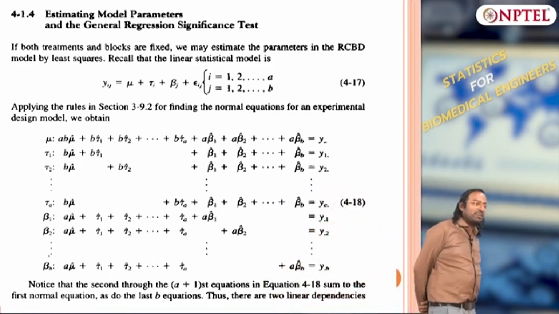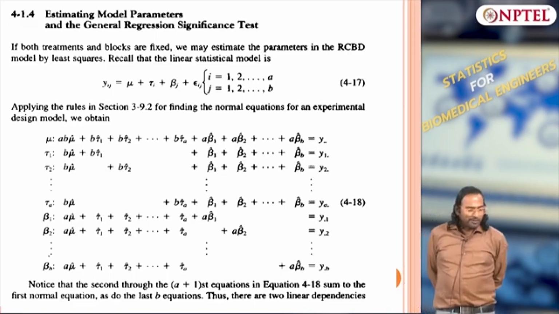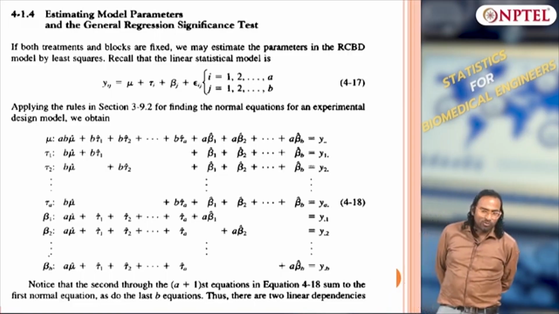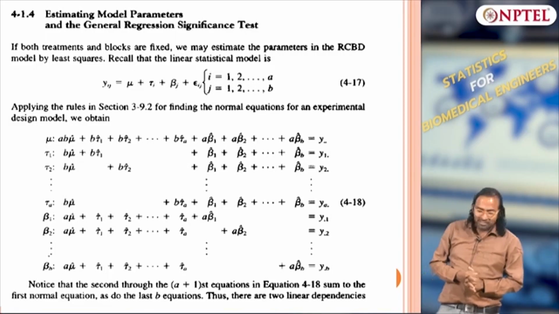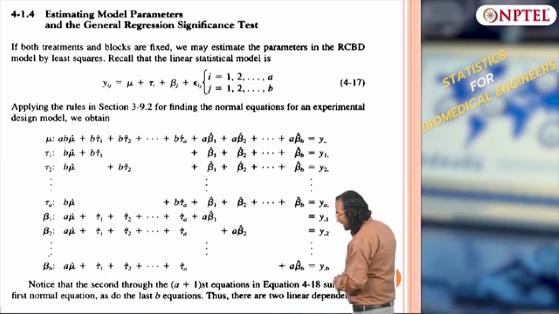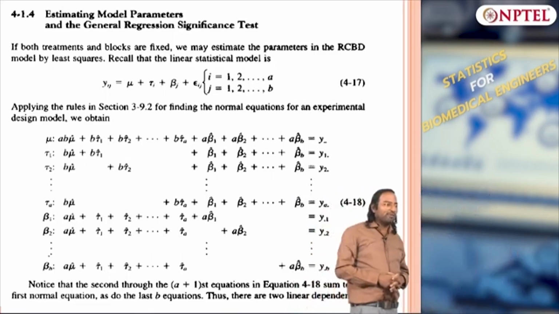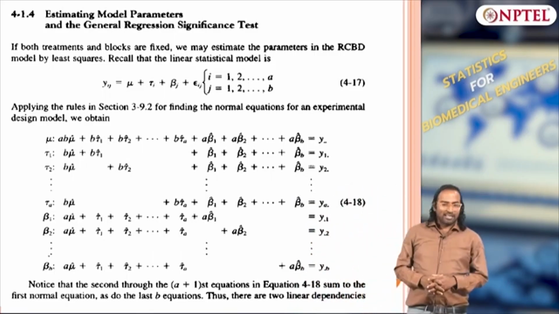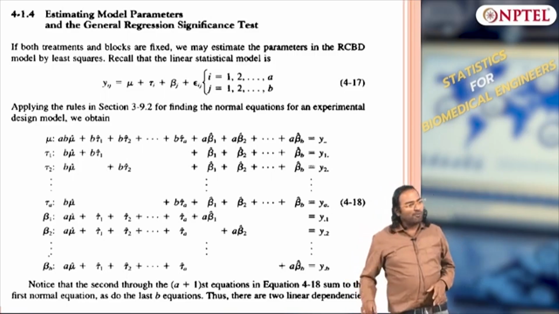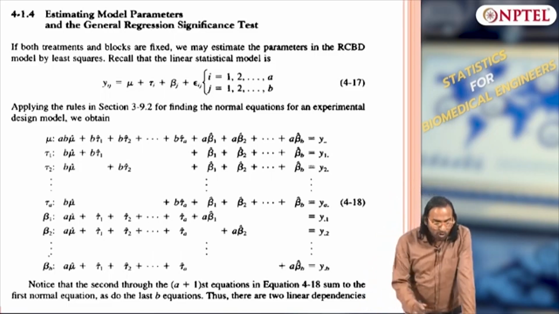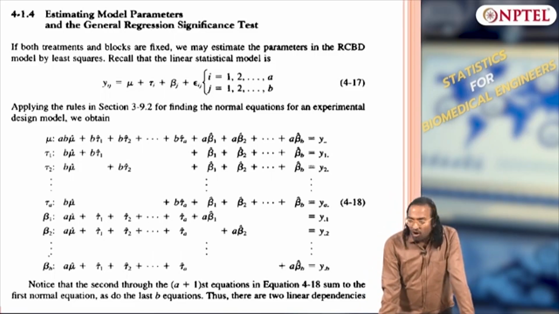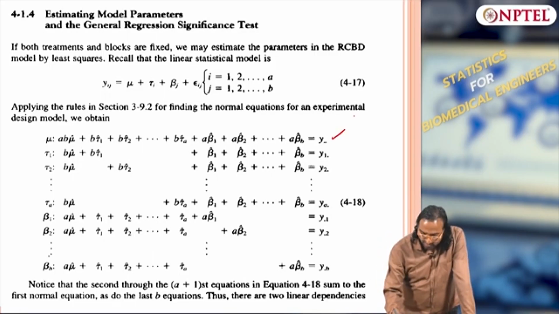And what is rule number 2 in regression? I do not want to differentiate and do all of this. You could differentiate and get the normal equations, we call them normal because, as I said, they are orthogonal equations, the shortest distance is what you find, which is normal. How do I write the right hand side of the normal equations? The right hand side is the summation of the data points where the parameters appear. Mu appears in all the data points, so the summation of all the data points is y dot dot.